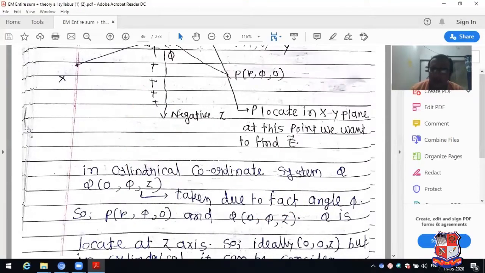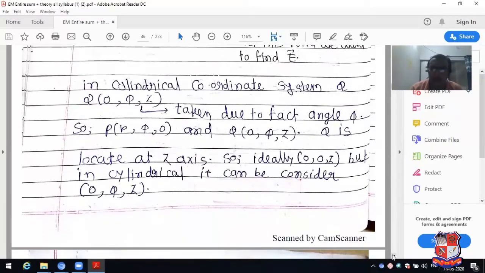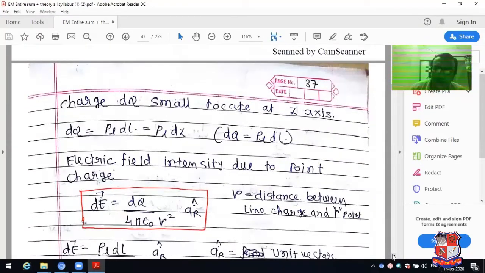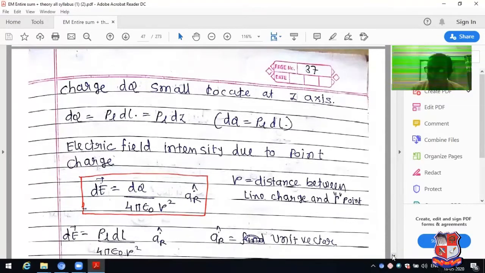In the cylindrical coordinate system, point Q is determined as (0, phi, z). So P is (r, phi, 0) and Q is (0, phi, z). Ideally on the z axis it is (0, z), but that is limited to the Cartesian system; for the cylindrical coordinate system it is (0, phi, z).